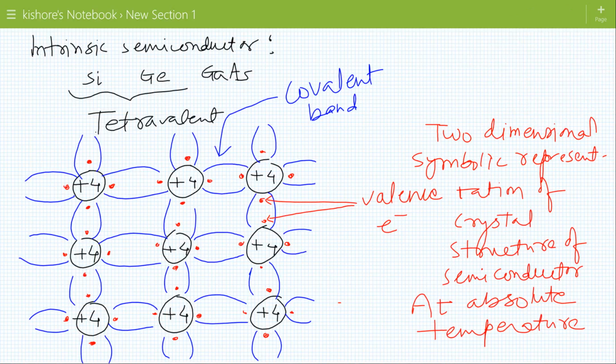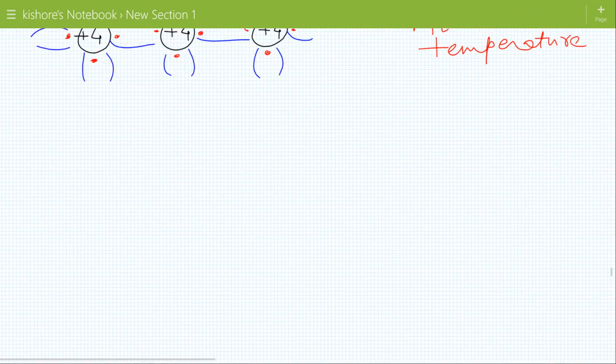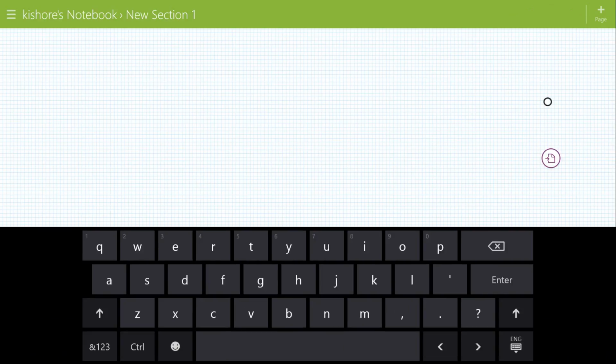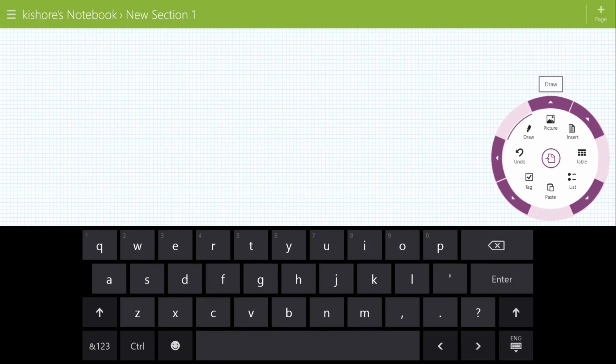Now the same can be shown in terms of a band diagram.